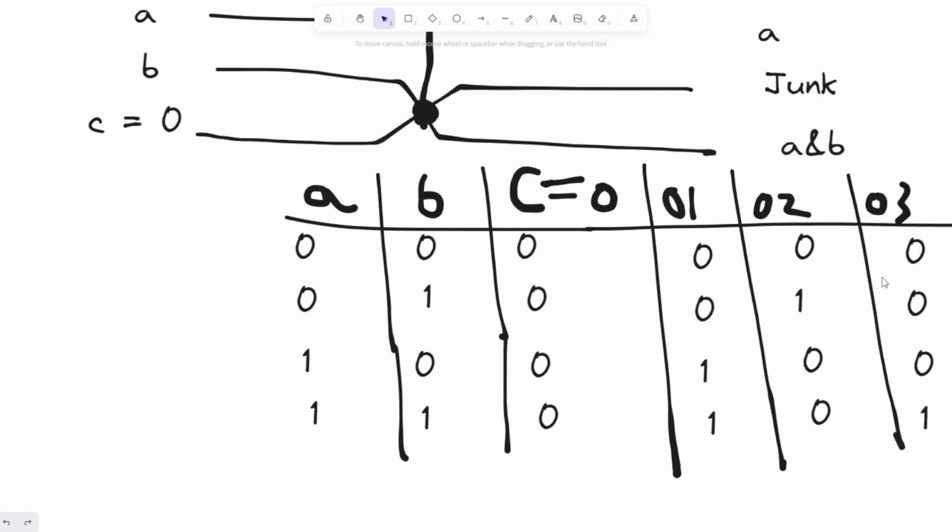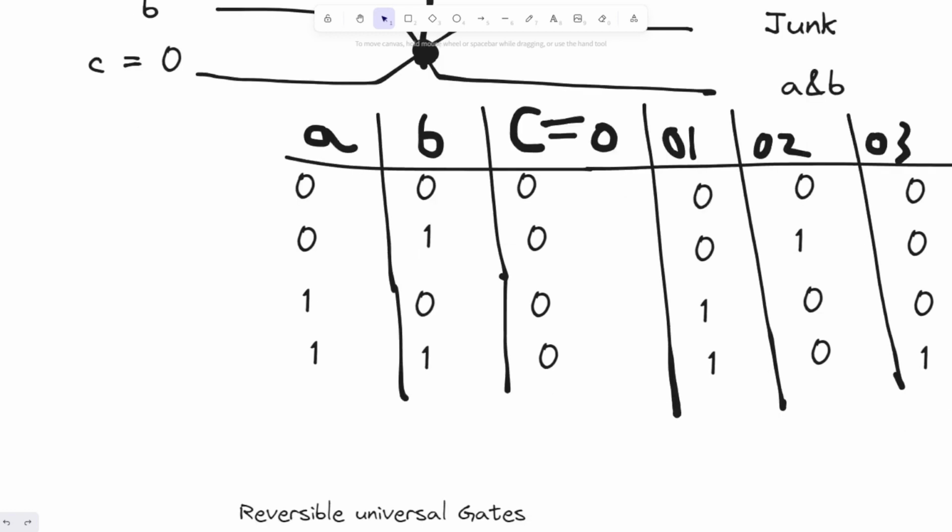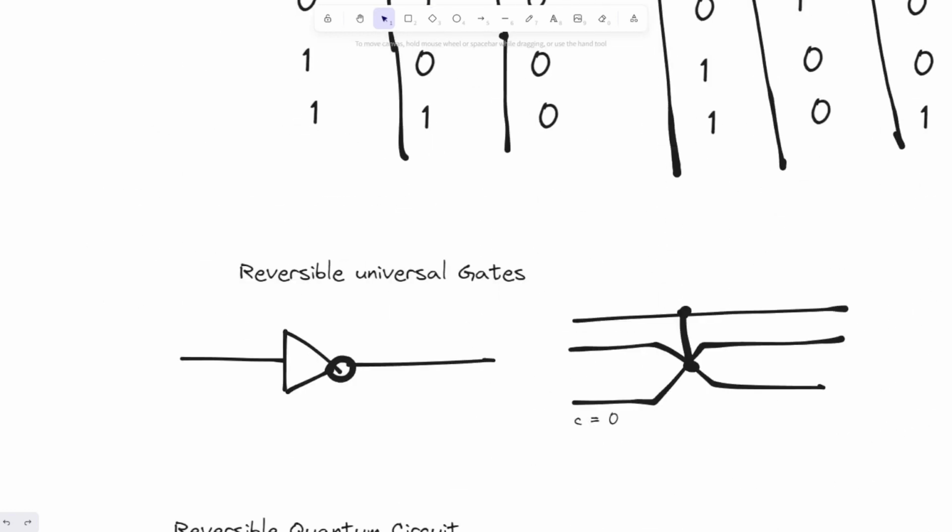Now if we analyze the outputs, we can clearly see that A came out as it is in output 1, and in output 3 we are getting the AND of A and B, meaning for these three rows 0, and for 1 1 we are getting 1. Now we have the NOT gate and the C swap gate, and we can use these two gates to construct any gate.